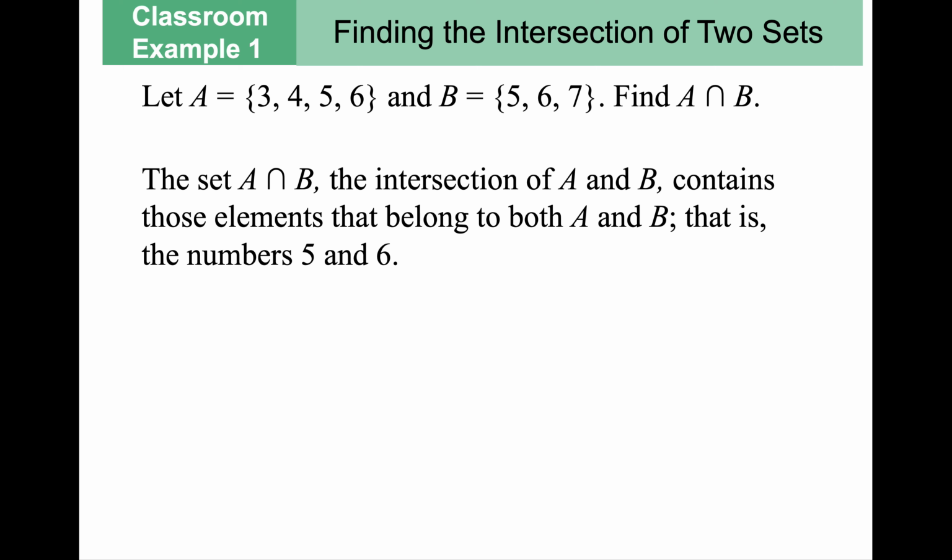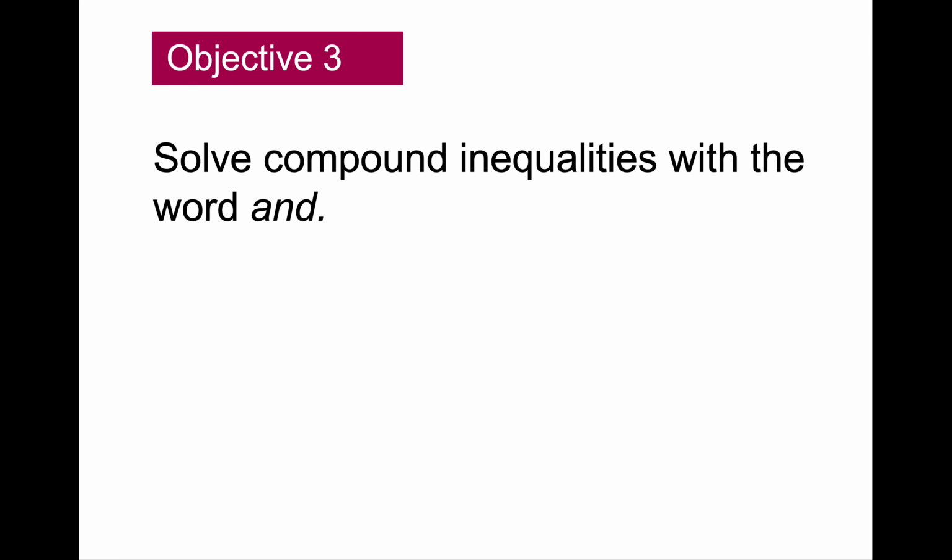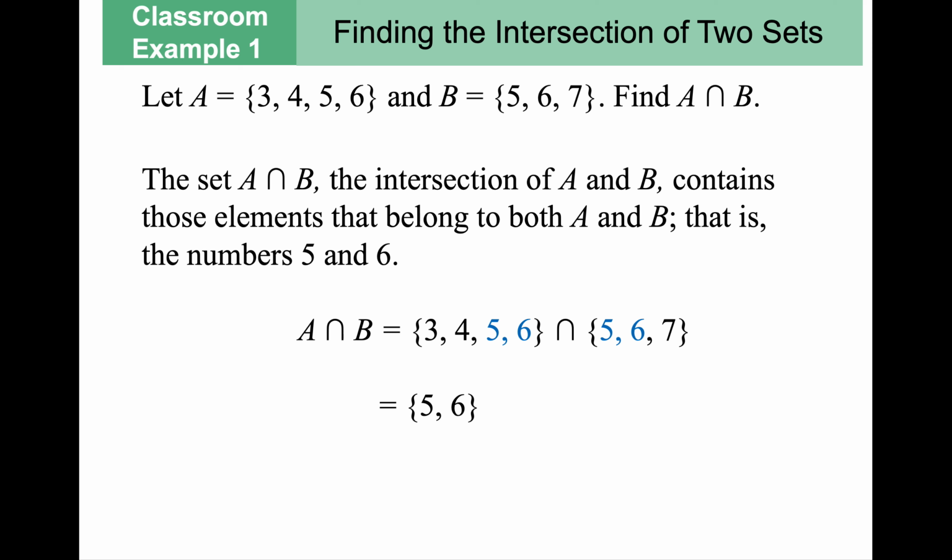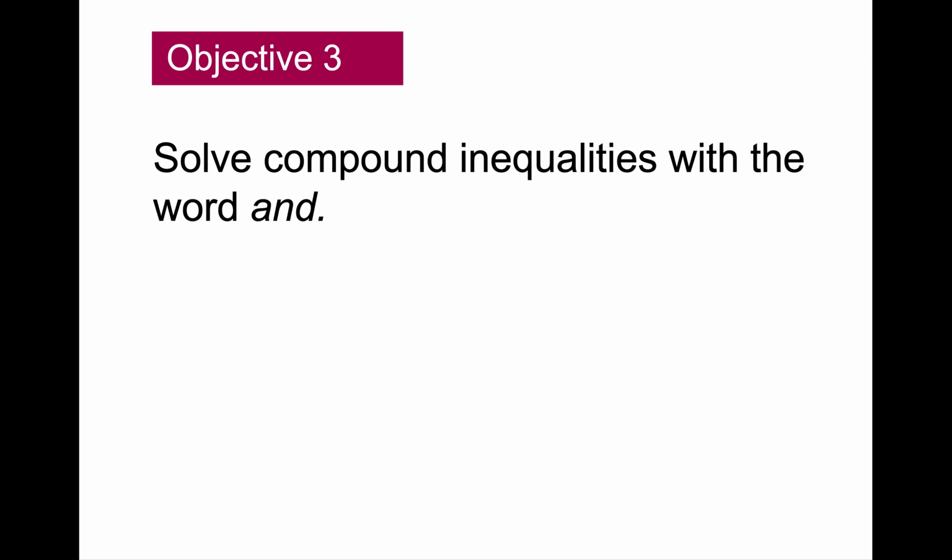A and B both have a 5 and they both have a 6. I wrote set A out, I wrote set B out, and the numbers they have in common are 5 and 6. So the intersection is 5 and 6.